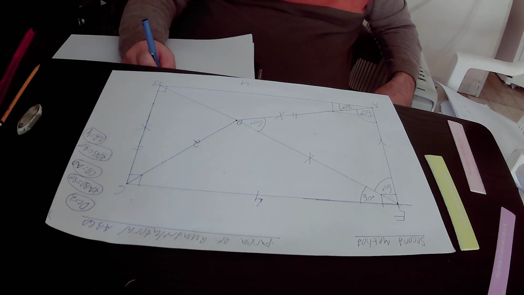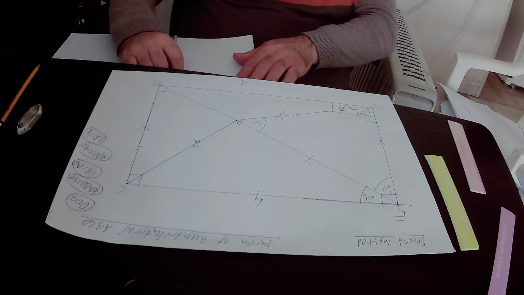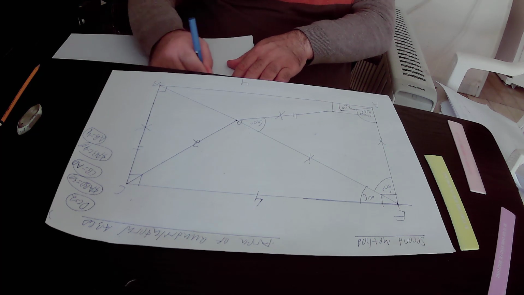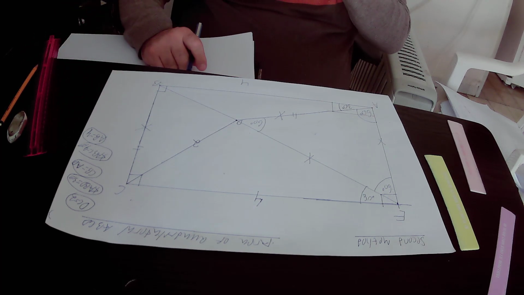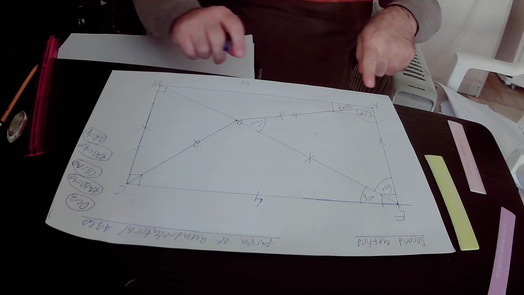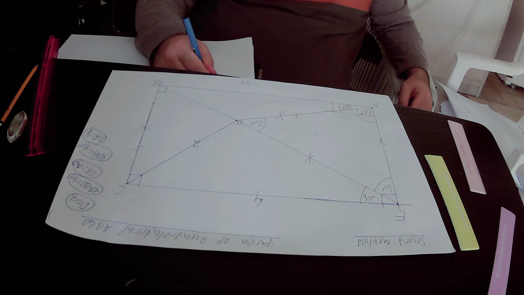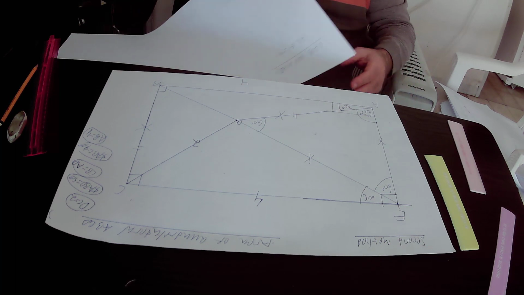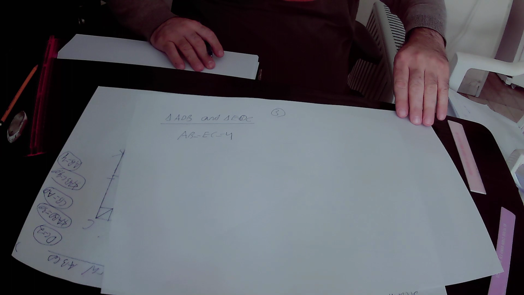So why can those two triangles go into each other? First of all, we know that AB equals EC equals 4 units.